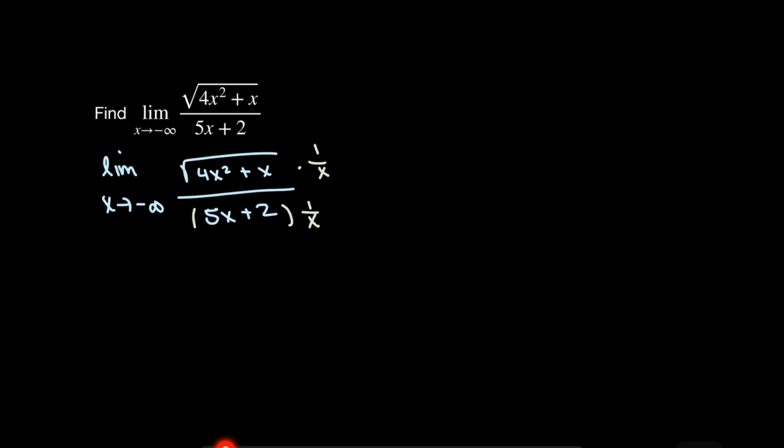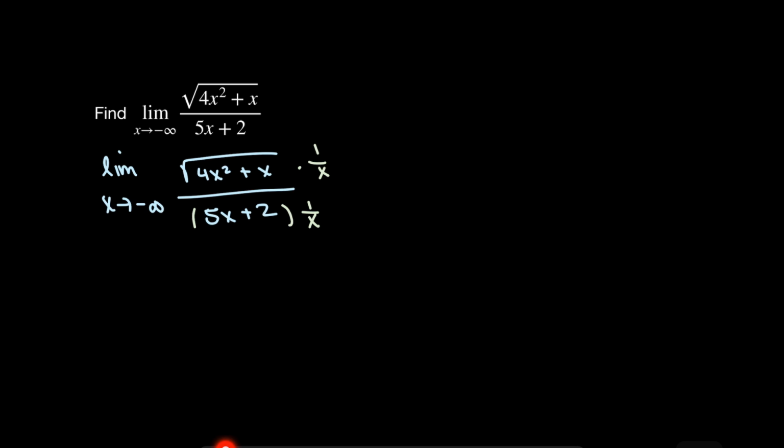Now I do want to show you what happens if I do the same problem, but I want to find the limit as x goes to negative infinity. Whether we're approaching positive infinity or negative infinity, the strategy isn't going to change. It's just when you're dealing with these square roots, the algebra actually changes a tiny bit. But our strategy is the same.